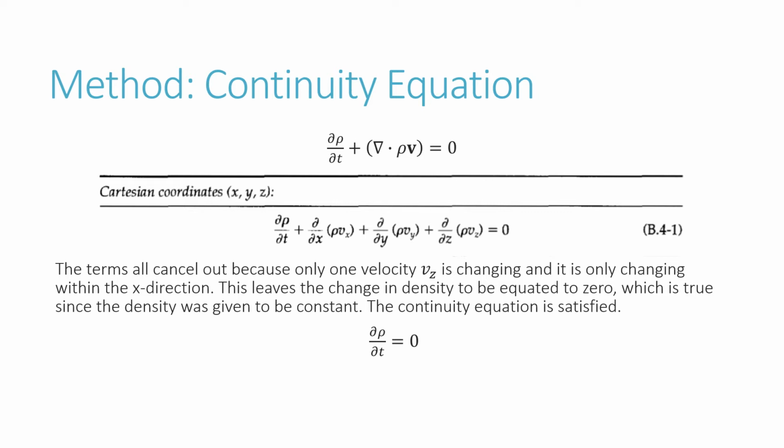That leaves the change in density with time, which is equal to 0. That is just like the given assumption that the density is constant. That means the continuity equation is satisfied.